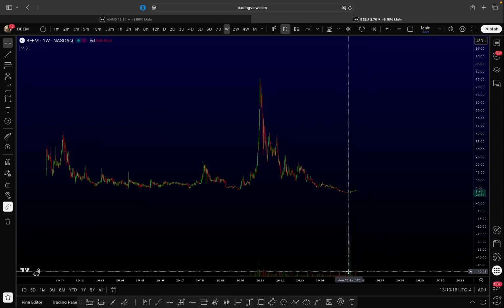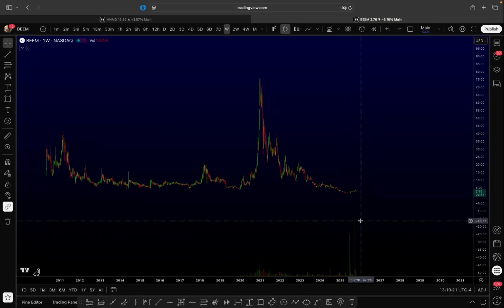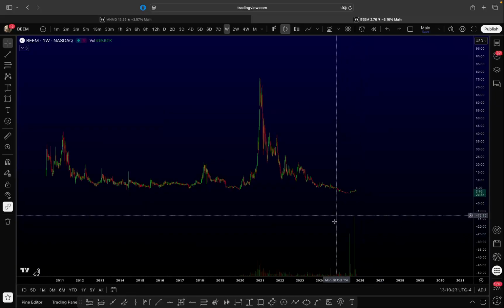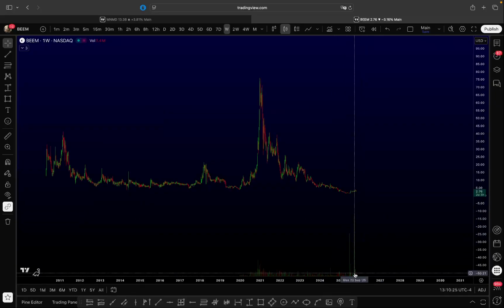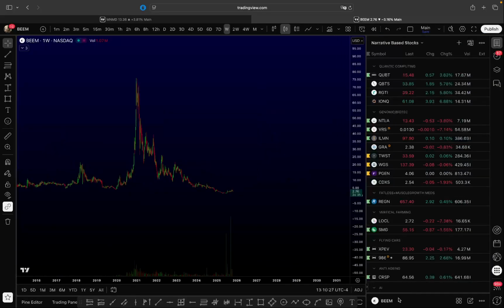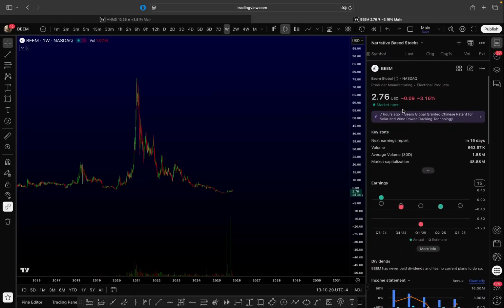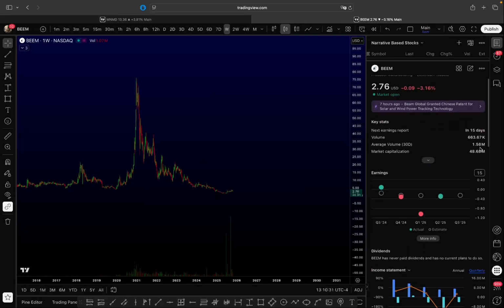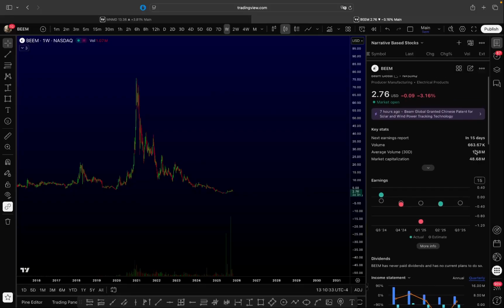Also, what I am always looking at here is volume. What I like here is that volume is increasing overall in this area, but we also have some big spikes. I also check the average volume, 1.5 million shares. This is always in shares, so 1.5 times 3 is 7.5 million in dollars.